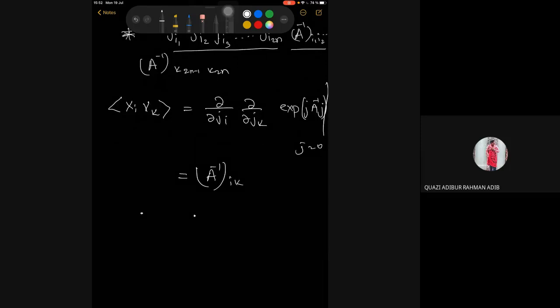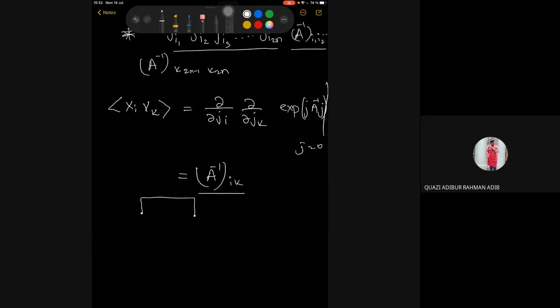If you're looking for a physical interpretation of A inverse ik, it's just the propagation from i to k. It's just telling you that i connects to k. That's it. It's a connection, and it's sometimes called the propagator.